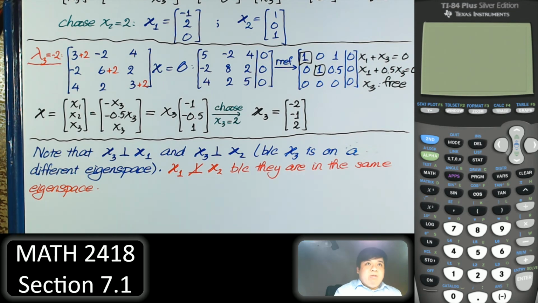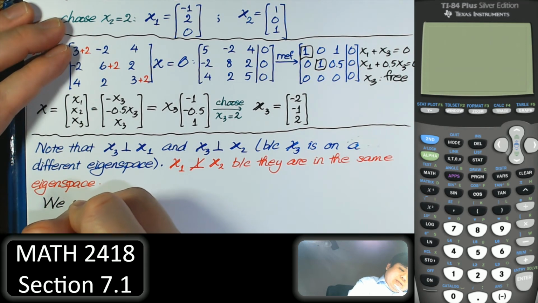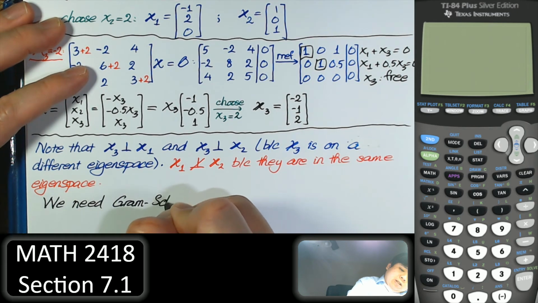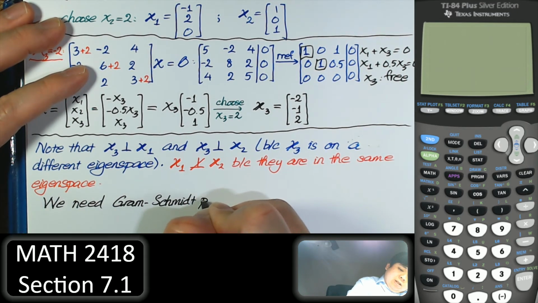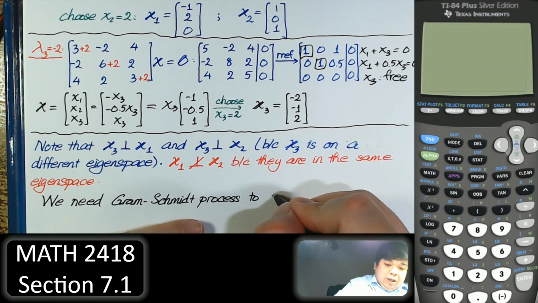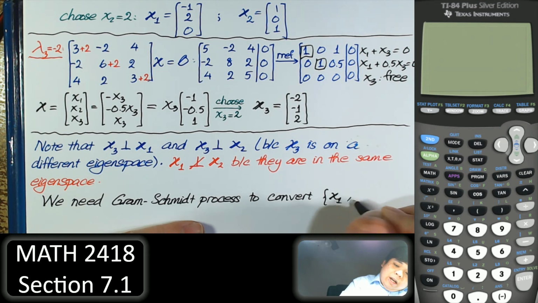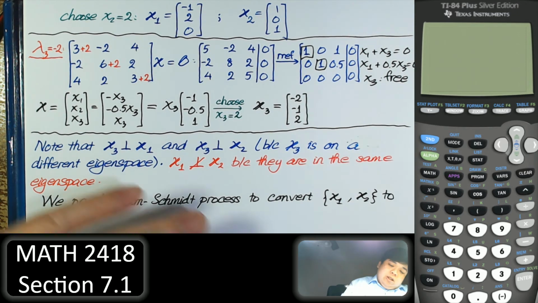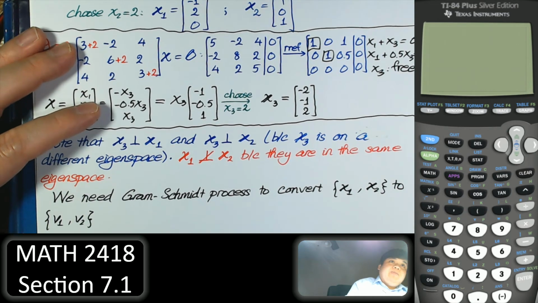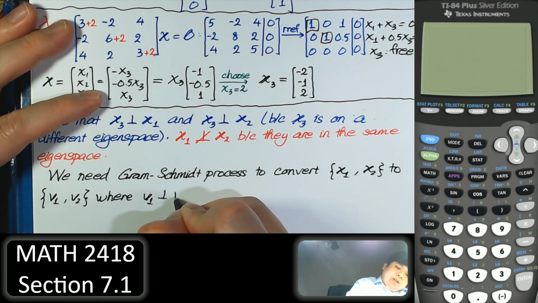If we want to work further, like I said, that's why this takes too much time. So we need the Gram-Schmidt process to convert x1 and x2 to v1 and v2, where v1 is orthogonal to v2.